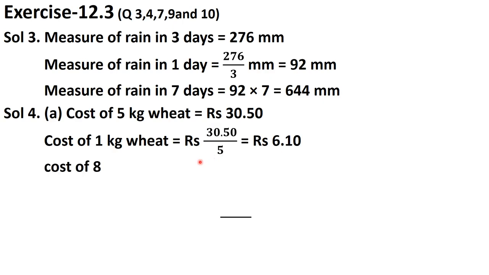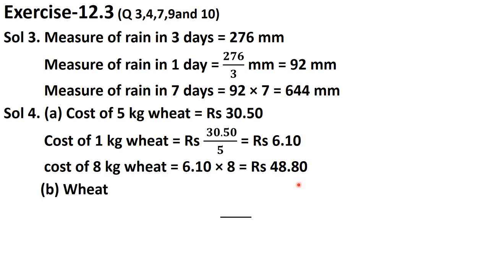And cost of what is asked? 8 kg. Now 1 is with us, we have to find out the cost of 8, so we will multiply. It is rupees 6.10 multiplied by 8, which is equal to rupees 48 and 80 paise.